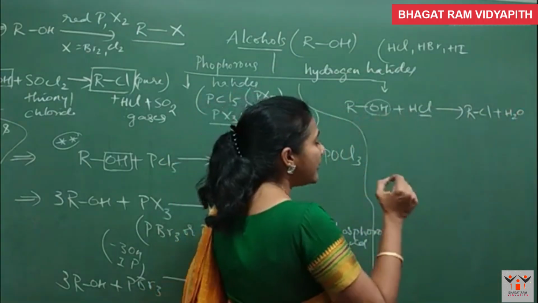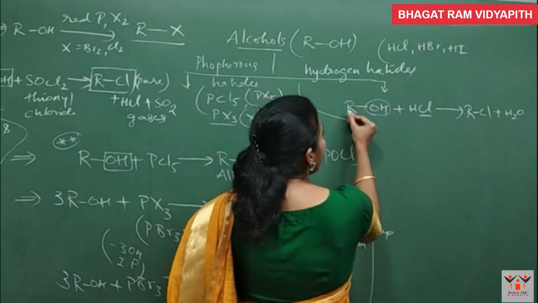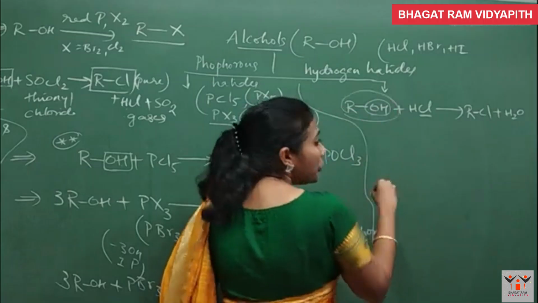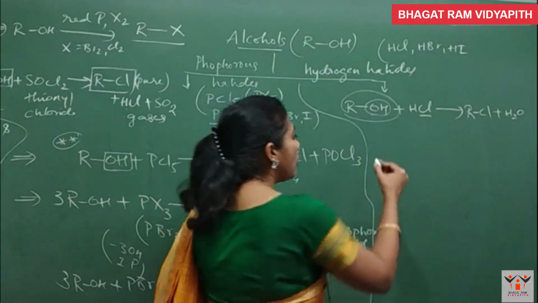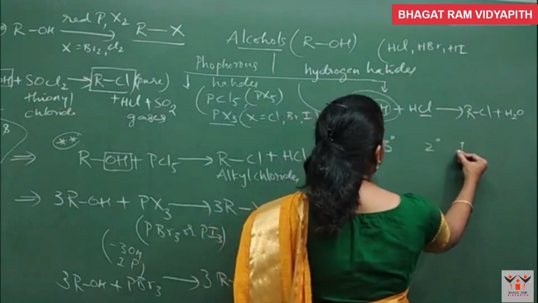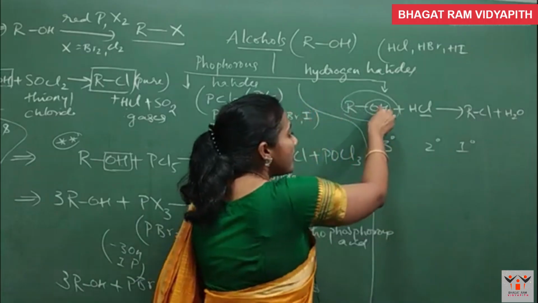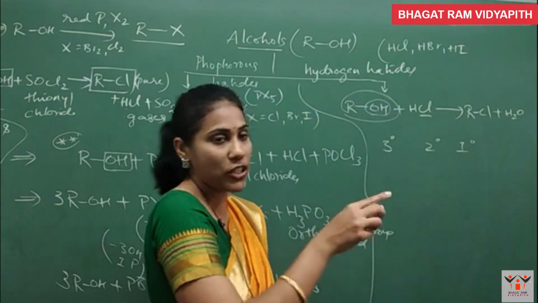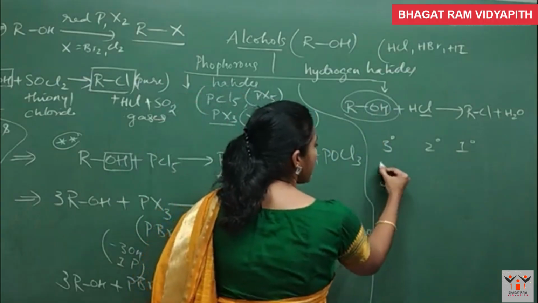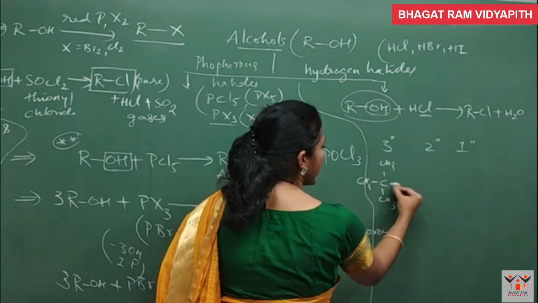But one interesting fact that you have to remember here is, you have three types of alcohols actually. Tertiary alcohol is there, secondary alcohol is there, primary alcohol is there. Tertiary alcohol in the sense OH gets attached to a tertiary carbon. Say suppose (CH3)3C-OH.